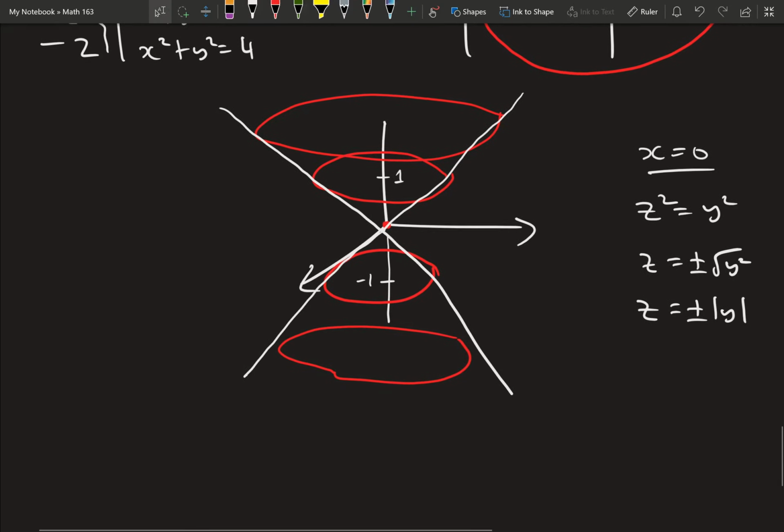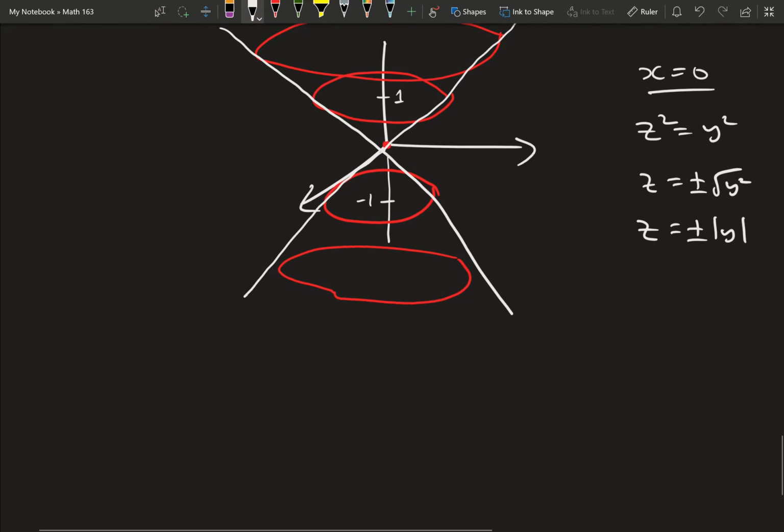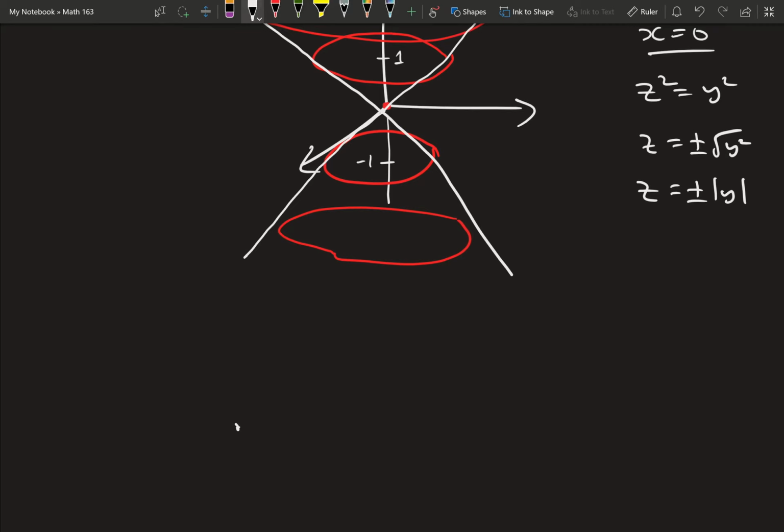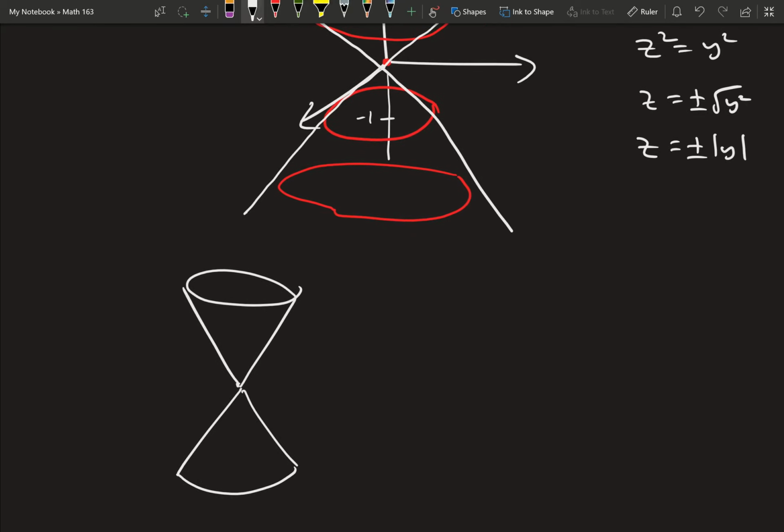So overall, in one go, if you had to draw this, here's the part of the cone that points upward. There's also the part of the cone that is pointing downward. And then there is your coordinate system, which lives here. Okay, this is the graph of z squared is equal to x squared plus y squared.